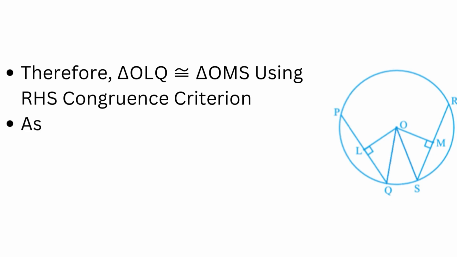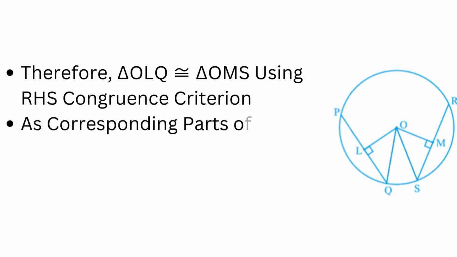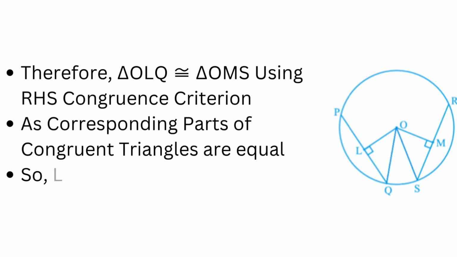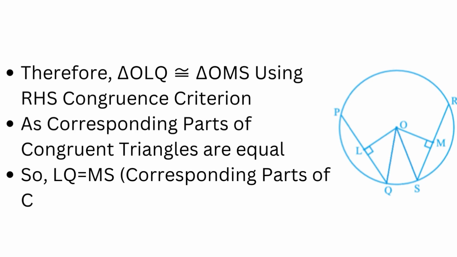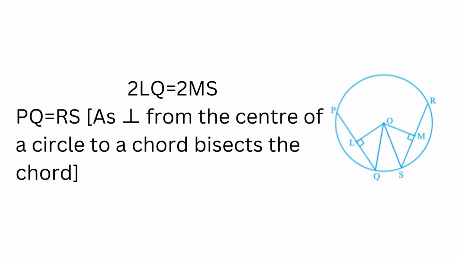Clear? As corresponding parts of congruent triangles are equal, so LQ equals MS, corresponding parts of congruent triangles, CPCT. Students, 2 times LQ equals 2 times MS. I have written here.